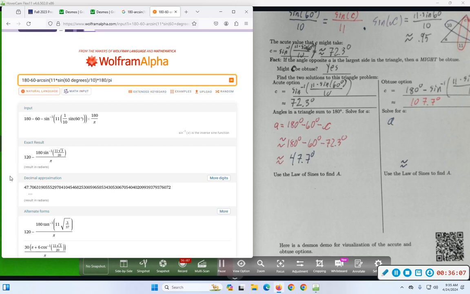In the obtuse case, do it yourself. Did you do the same thing in the obtuse case? Nice. You just have to subtract a different number.